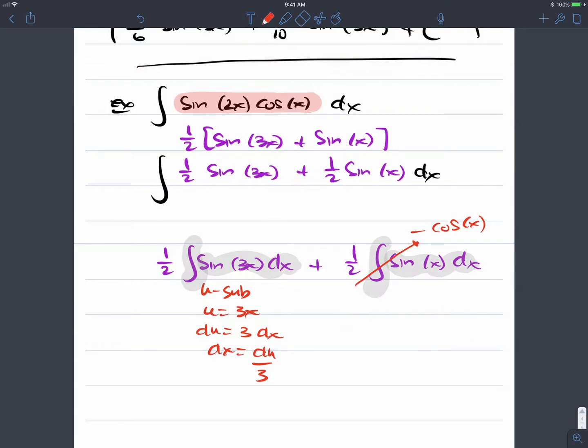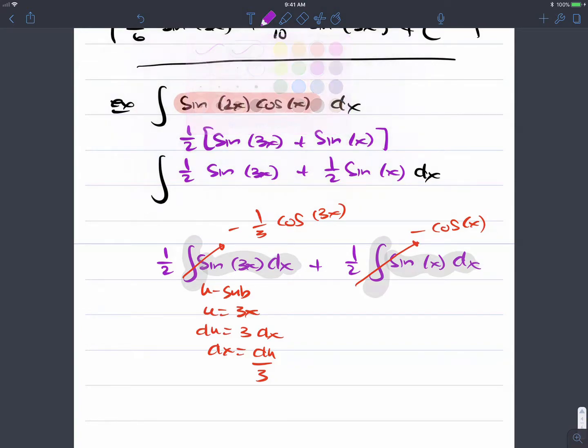So I'm going to have to differentiate minus cosine, and when I do, I get a sine. So the antiderivative of sine is a minus cosine. So we're going to use this fact. That's where it comes from. Now over here, what that means is I'll have a minus 1/3 cosine 3x by my u substitution. So you guys can try that out.